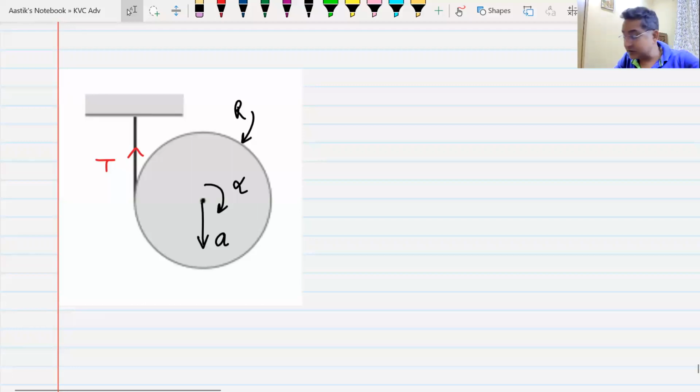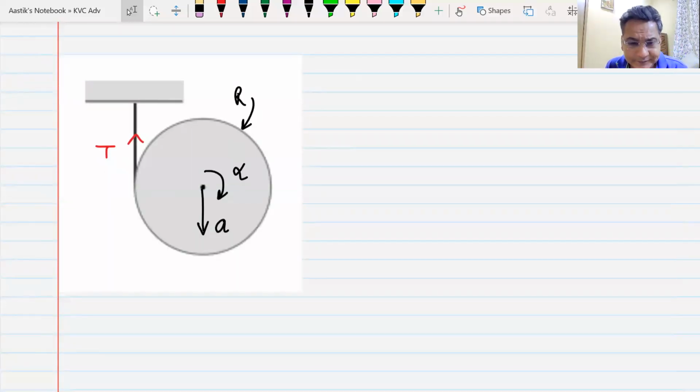Remember, no one understands rotation. No one. Not me, not anyone in the universe. What will be the relation between alpha and R? Anyone with an answer?